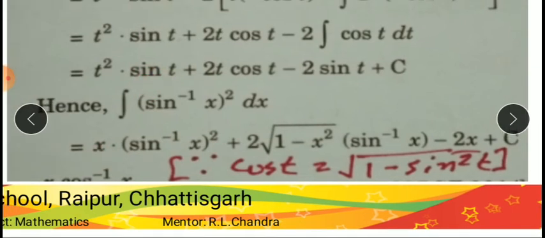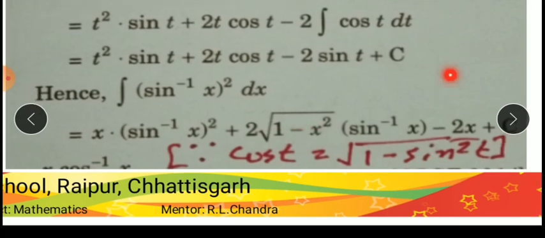Here t means sin inverse x. This is t square, sin inverse x whole square, plus 2 root 1 minus x square sin inverse x minus 2x plus c. We know that cos t is equal to under root 1 minus sin square t, and we know that sin t is x, means root 1 minus x square. Here it is written as root 1 minus x square.